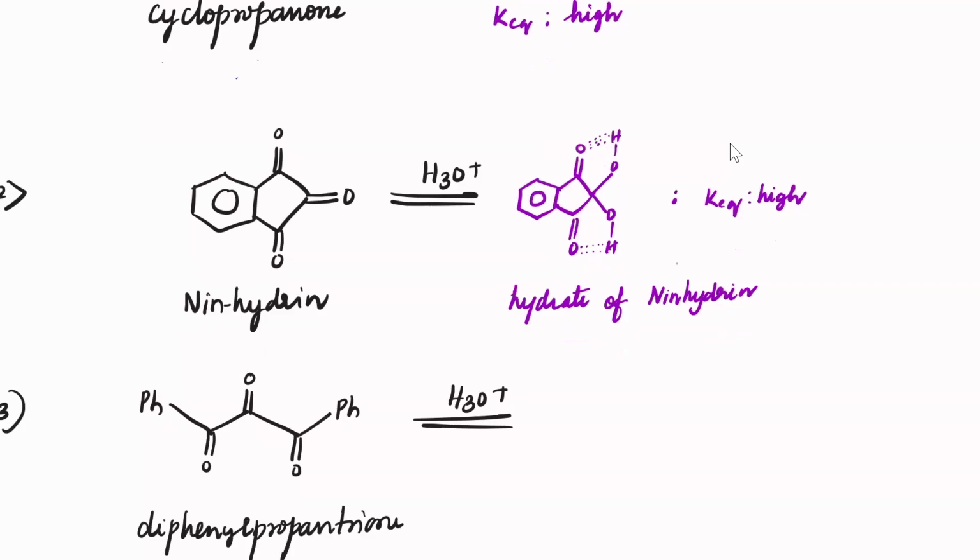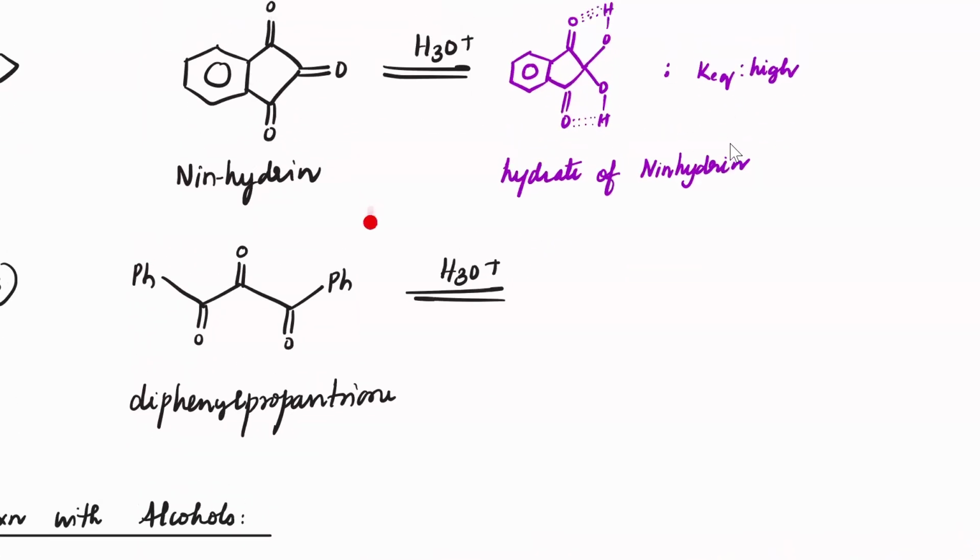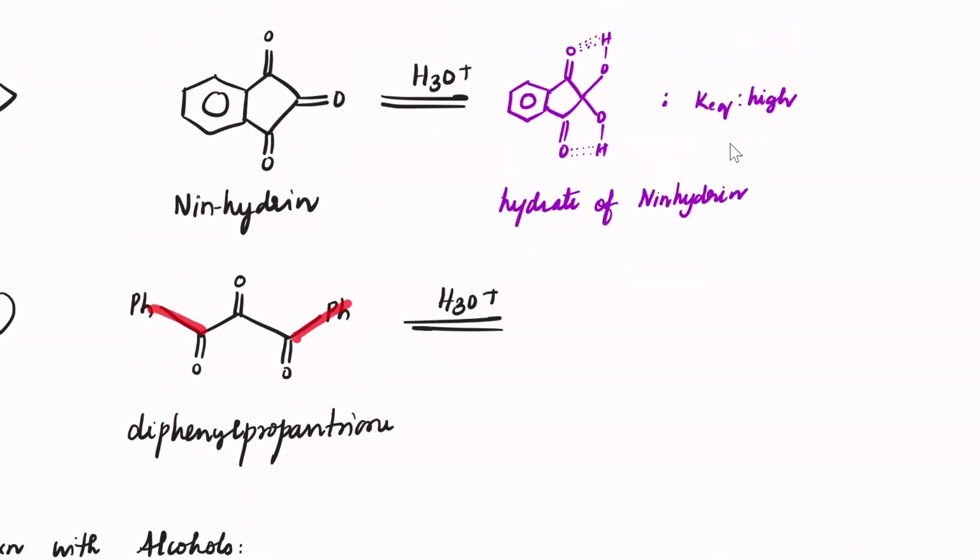Next one. If you have diphenyl propane trione, here also you would have it like this, where the O and H hydrate is forming at the central carbon, where they can show hydrogen bonding with a double bond here, and the phenyls will be like this.